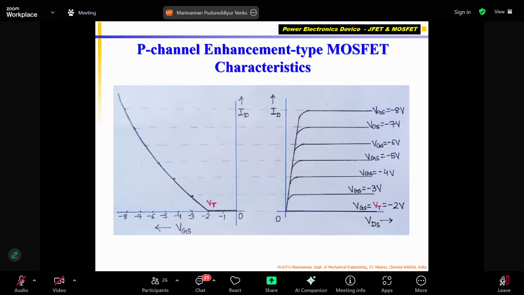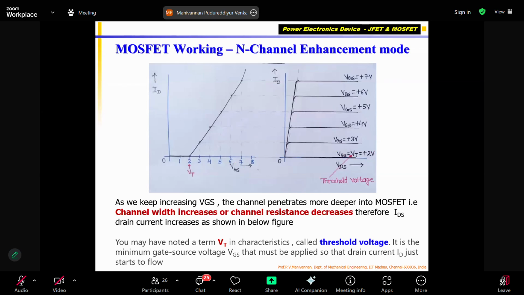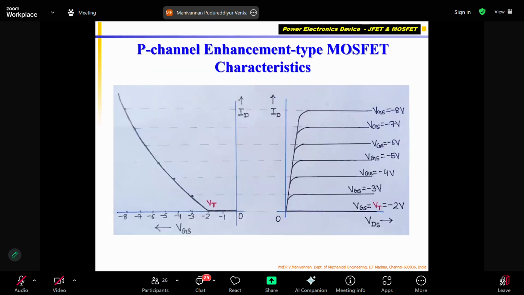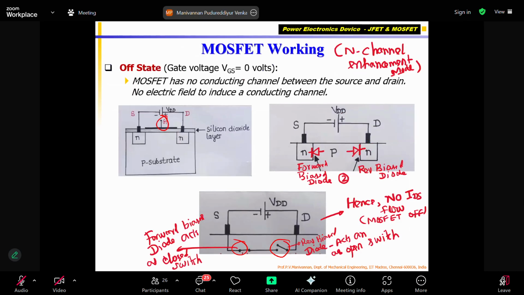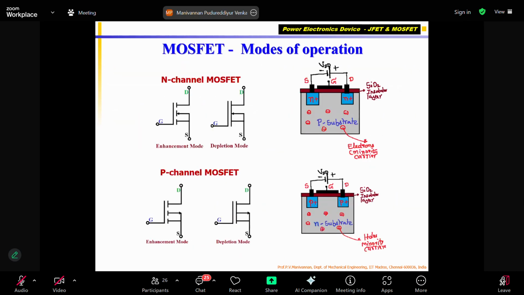Now that we saw the N-channel enhancement mode MOSFET, similarly a P-channel is also possible. What is the difference between P-channel and N-channel? Only the substrate material is different. P-channel means the substrate material is N-type material.